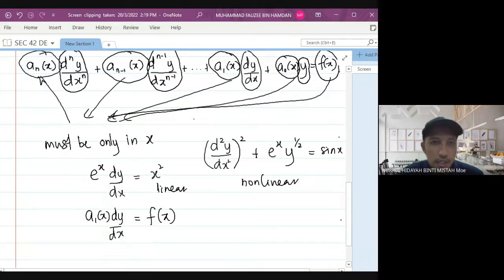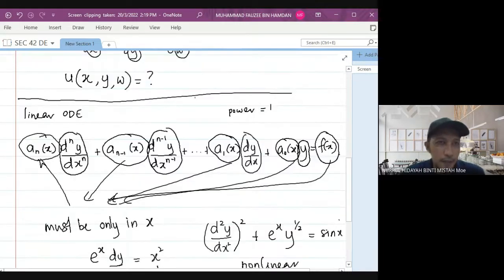Any question about is it linear or non-linear? Any other question? No? After this, we will look at the examples so we can test our understanding.